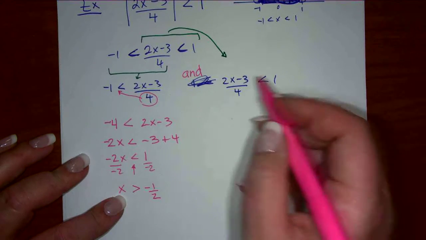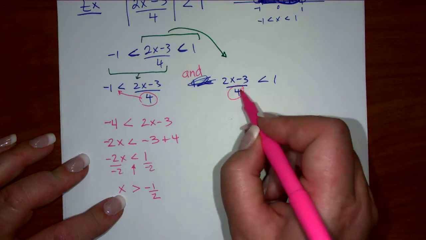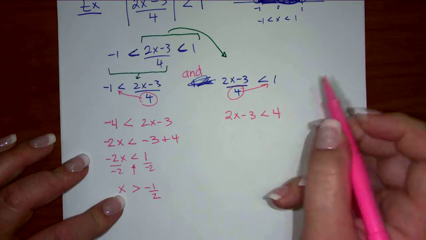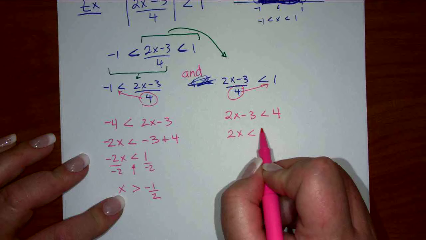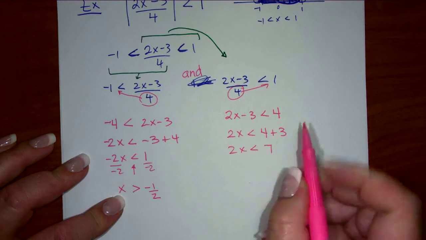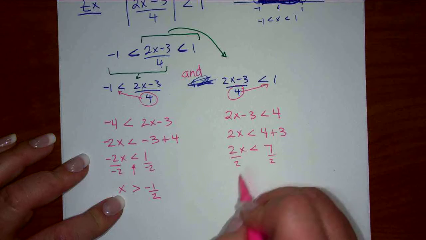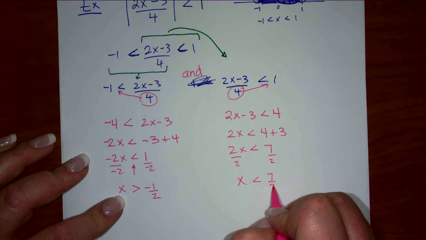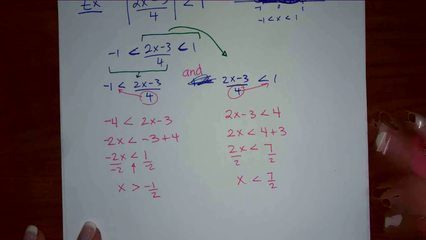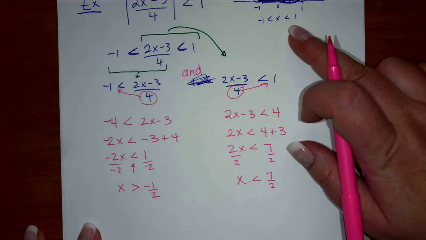Okay, so this one, same idea. Cross multiply. 1 times 4 is 4. And then put them on a number line and make sure that they're in between the two numbers when you draw it.